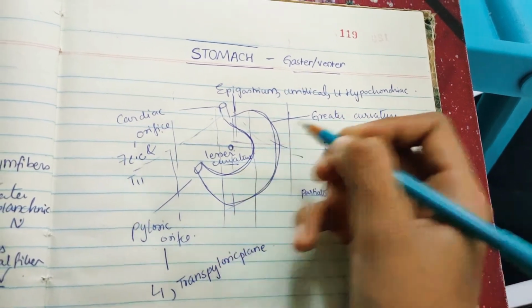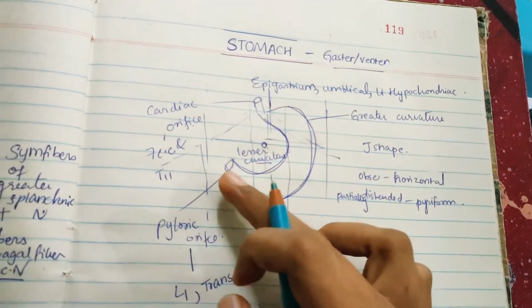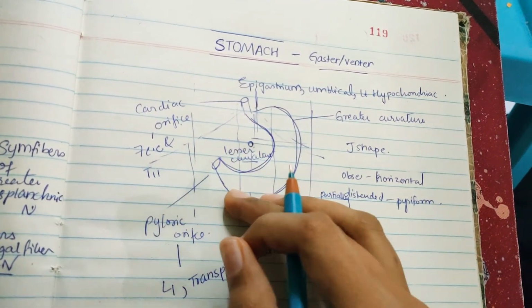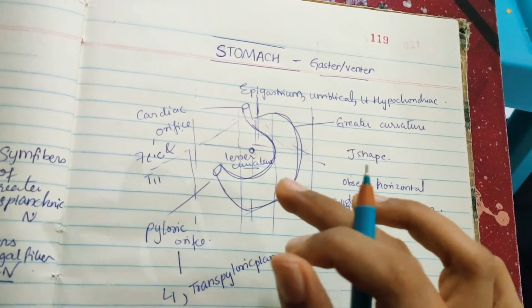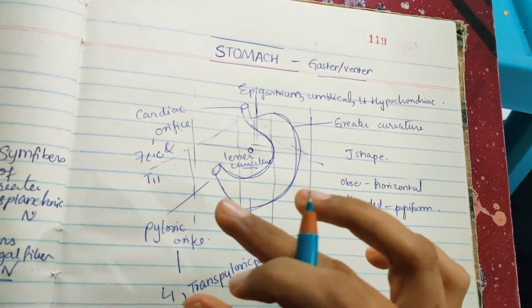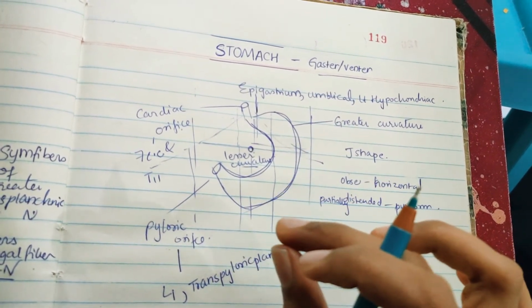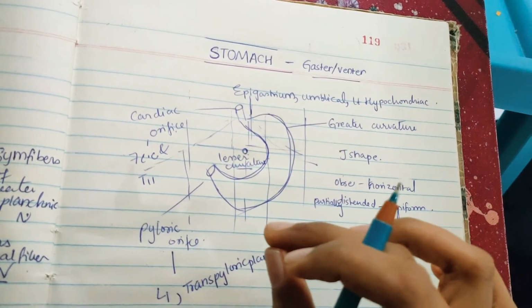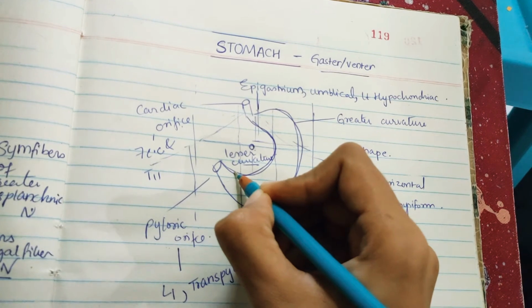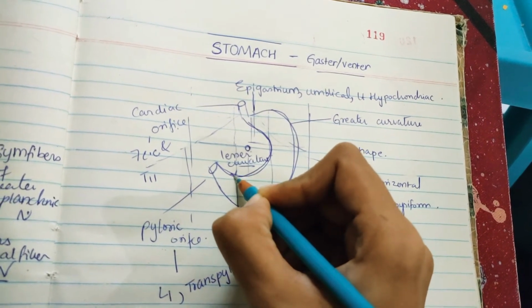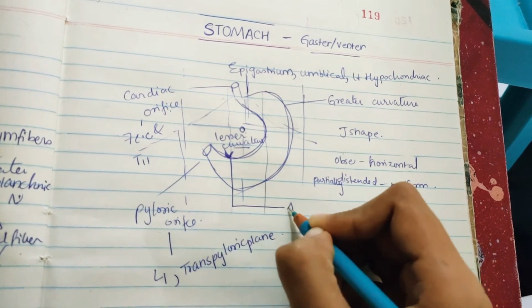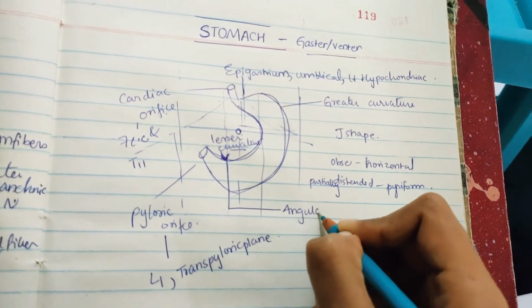We know that the lesser curvature of the stomach is continuous with lesser omentum, or you can say it is attached to lesser omentum. And one more thing, in the lesser curvature, you will see an angular notch, which is also the most dependent part here. It will be present over here. This is called the angular notch.